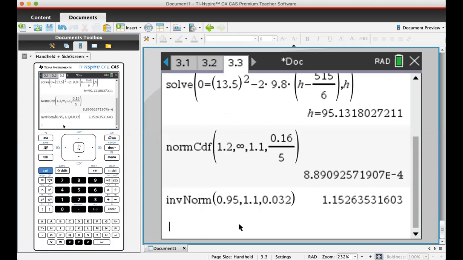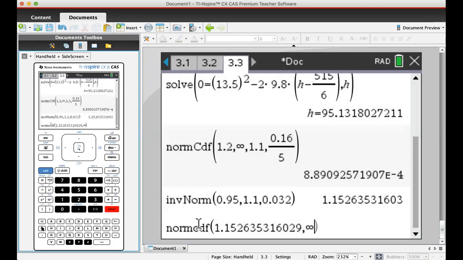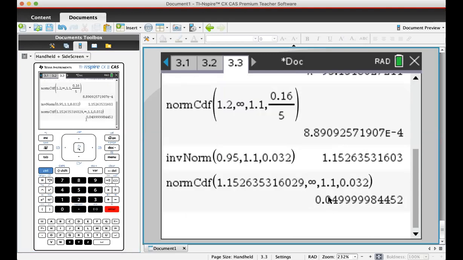The next part, let me directly figure it out. It's norm CDF. X bar is greater than that value, to infinity, mean 1.1. The standard deviation remains unchanged, 0.032.